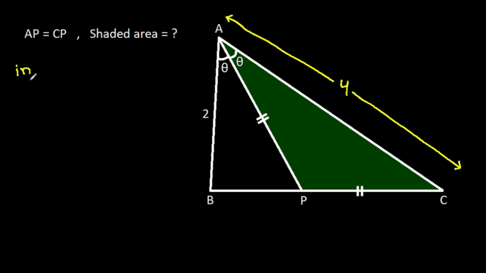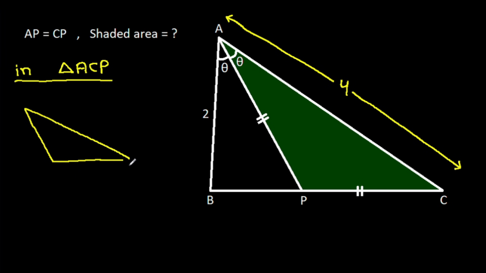In triangle ACP, AP is equal to CP. That means it is an isosceles triangle.